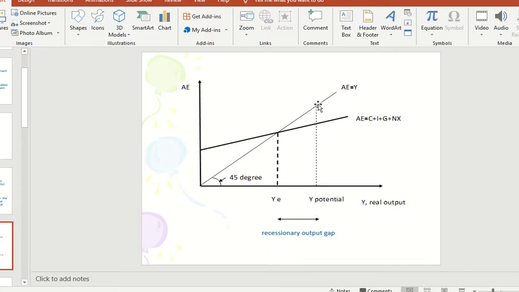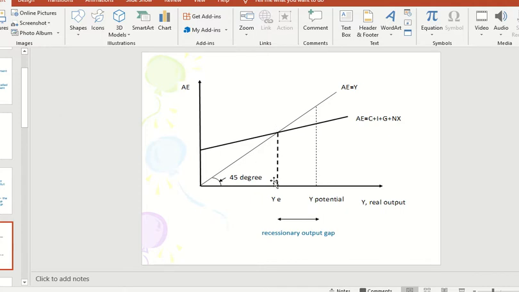So in this case, any point that lies on this 45-degree line means the spending, the aggregate expenditure, is equal to the real output produced. The bold line here gives us the current output. This cross here gives us the macroeconomic equilibrium because we have a point that lies on the 45-degree line.